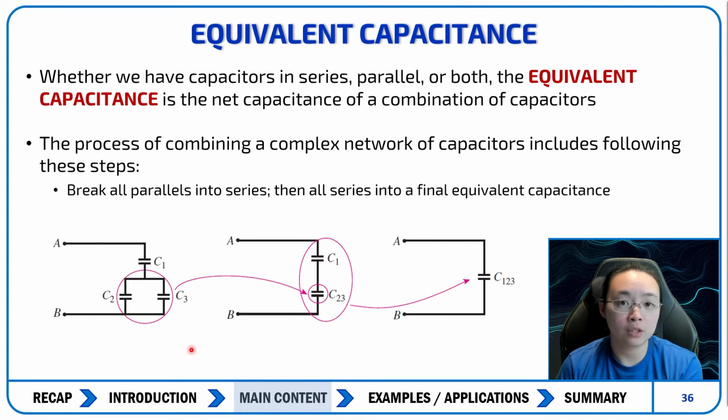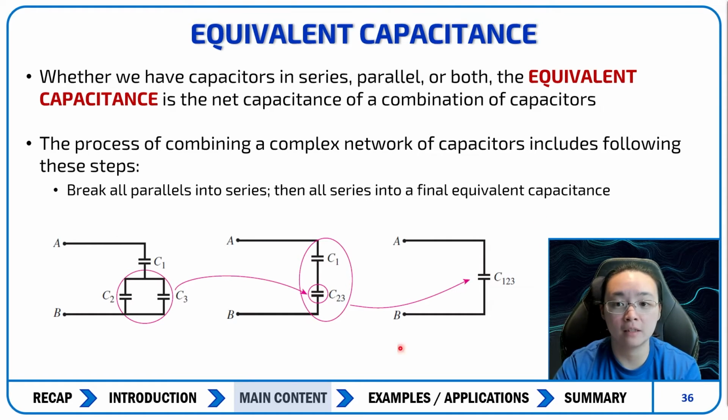The first thing you want to do is take a look at all of the parallel capacitors. If you have capacitors in parallel, reduce them to their equivalent capacitances. And then you take a look at whether there are any capacitors in series. If they are in series, then you apply the equation again for capacitors in series, and then you can reduce this to one capacitance.